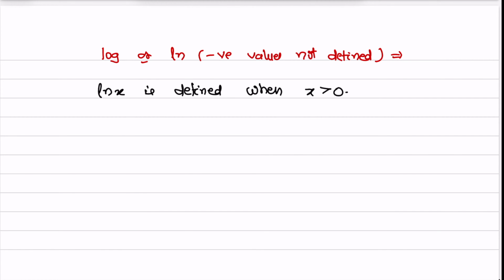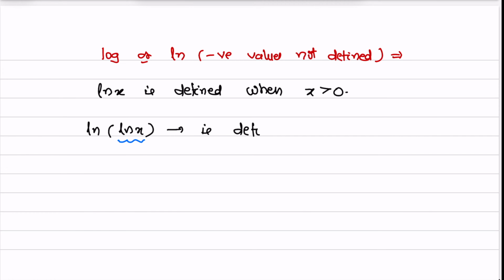We have to take 3 logarithms. This is only the innermost. Now, next is ln of ln x. When will it be defined? When ln x itself is greater than 0.